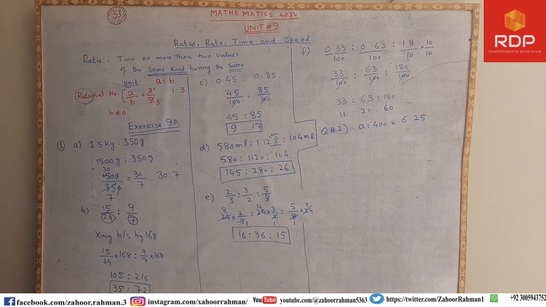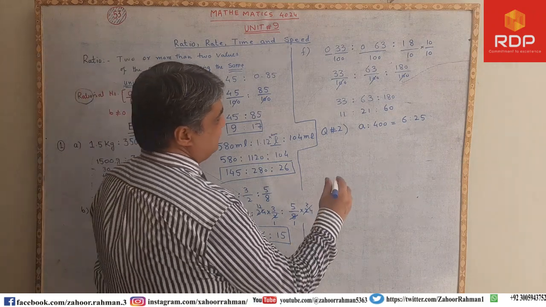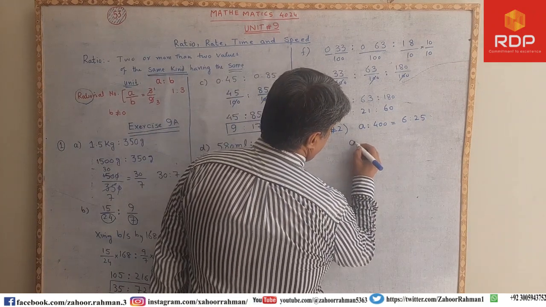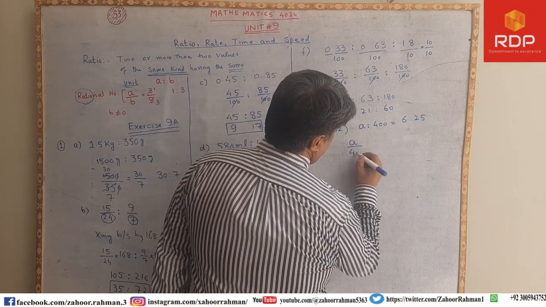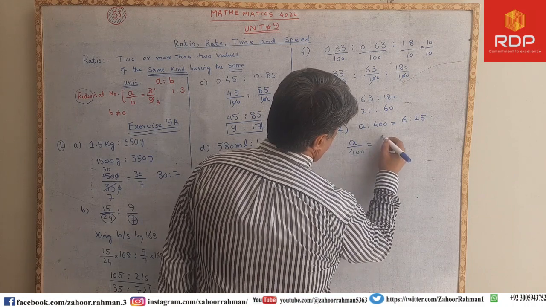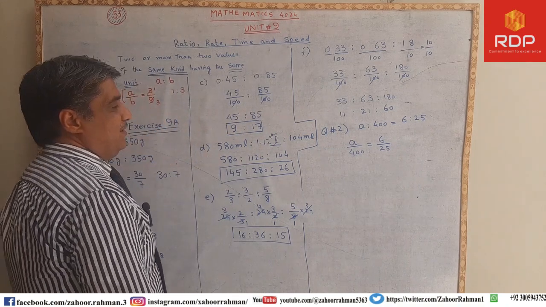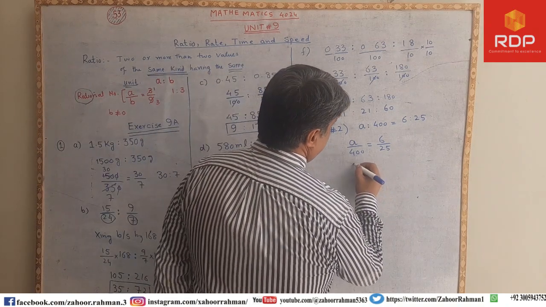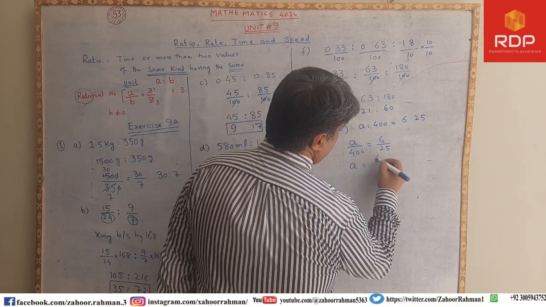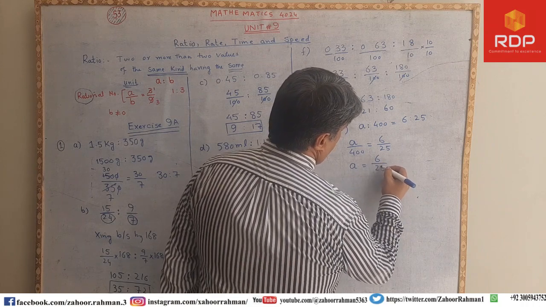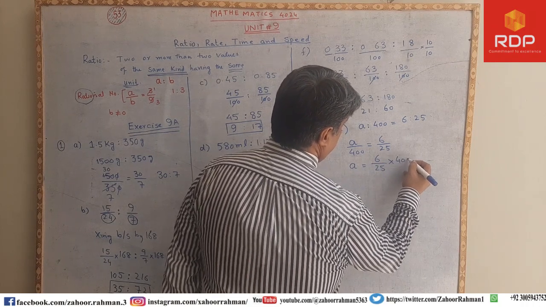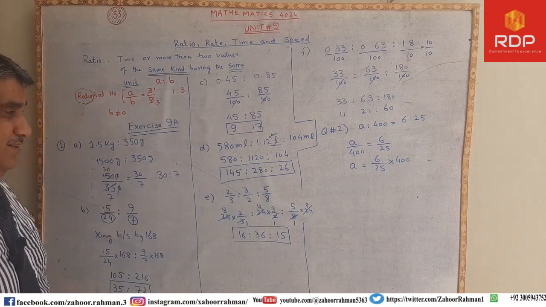Here we have to find the value of A. Ladies and gentlemen, we can write these ratios in this form 6/25. Now we can write A is equal to 6/25 multiplied by 400.